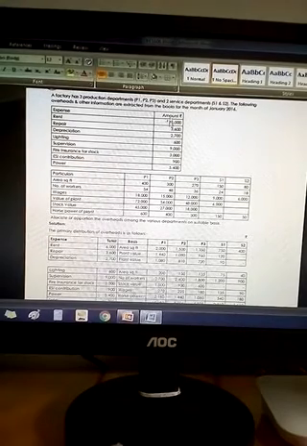We have to apportion these expenses on the basis of this chart. Okay, so you just go through this. P1, P2, P3, S1, S2, this chart is the basis, and you have to apportion these expenses on the basis of this chart.